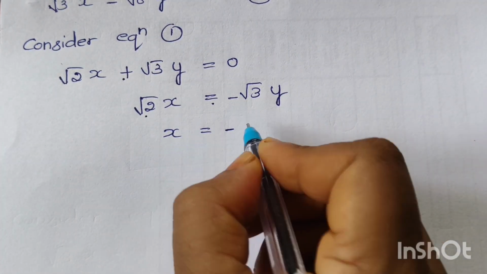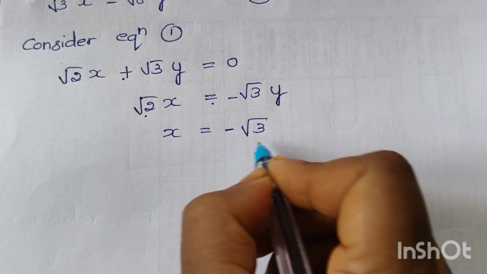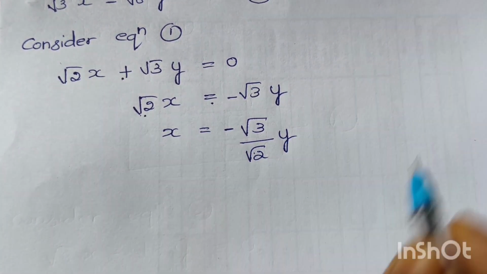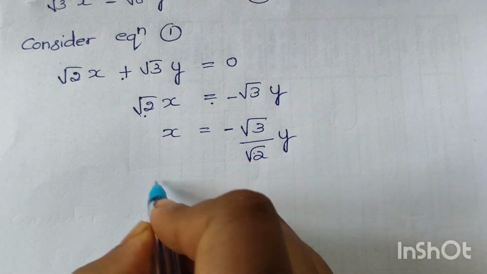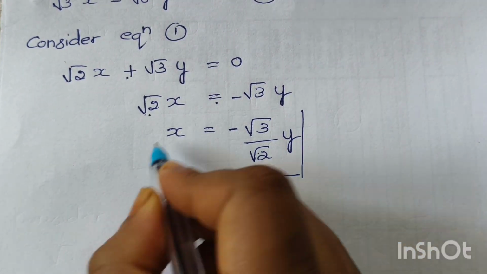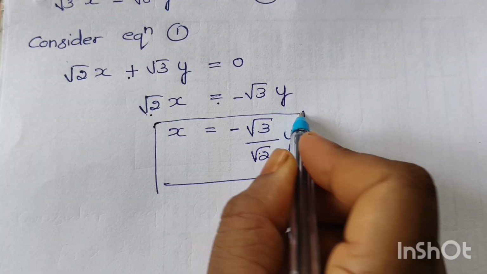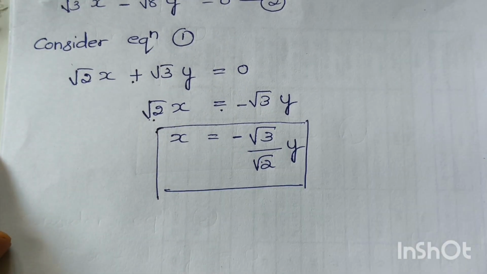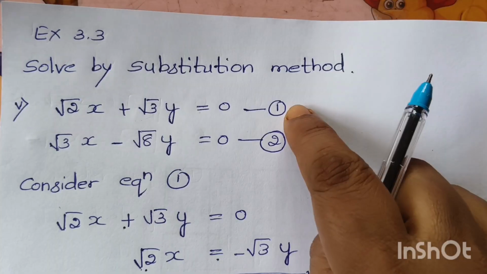Therefore, x = −(√3/√2)y. We got the value of x from equation 1.